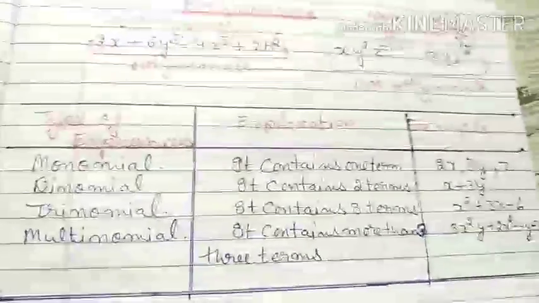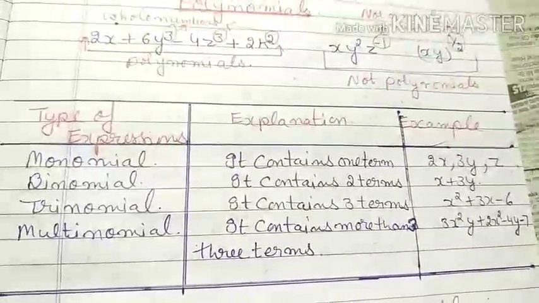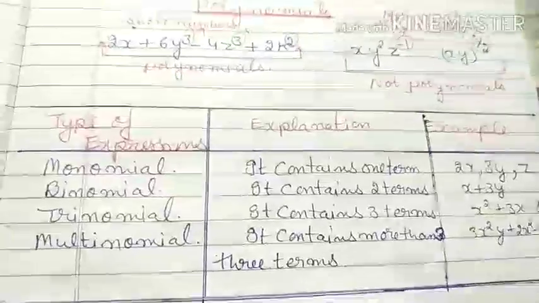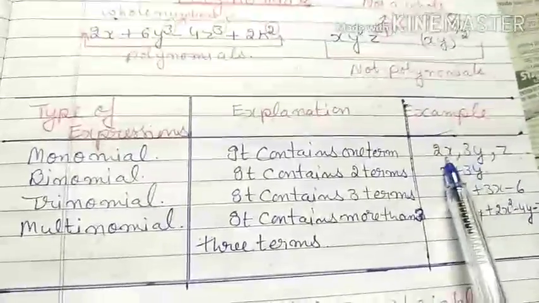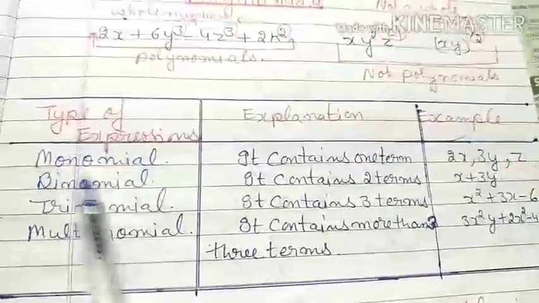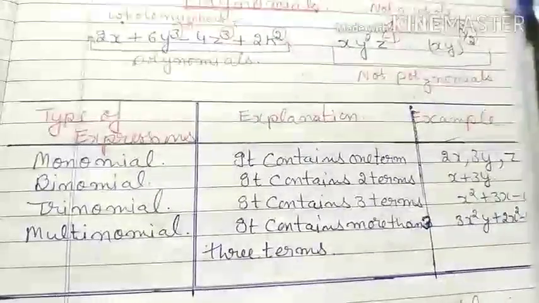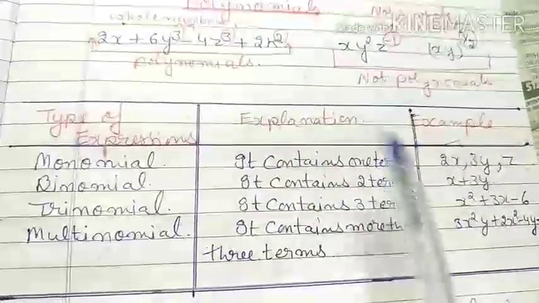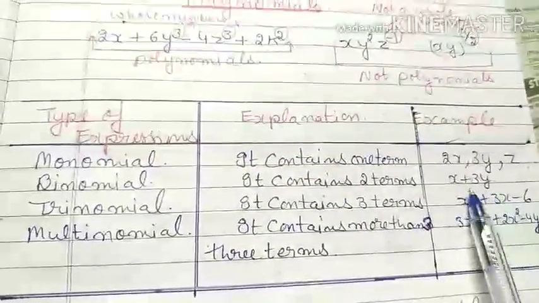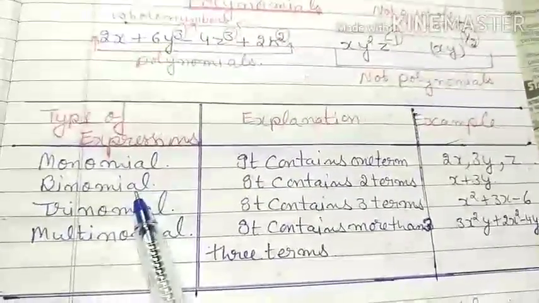Under polynomials, there are different names according to the number of terms. If the expression has only a single term like 2x, 3y, z, we call it a monomial. Monomial means a single term, so it contains one term. If an expression has two terms, we call it a binomial.